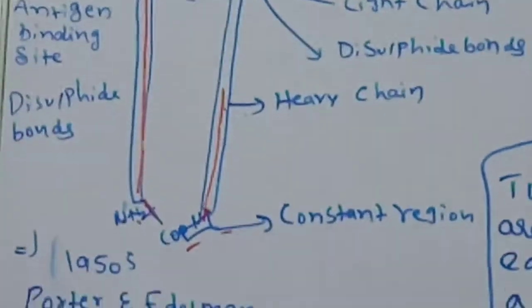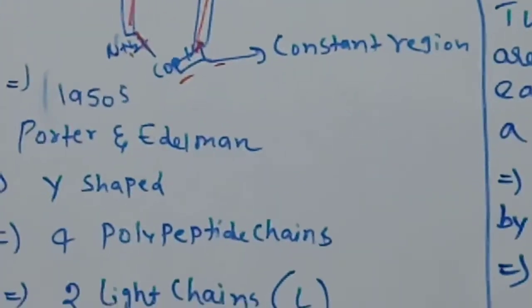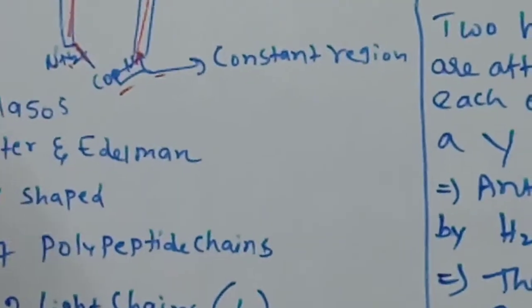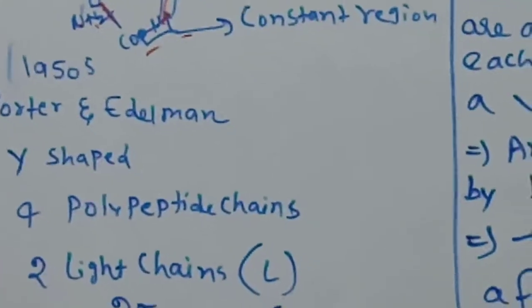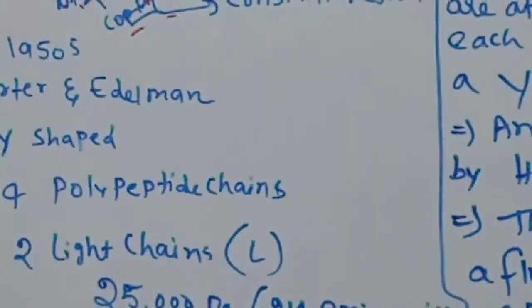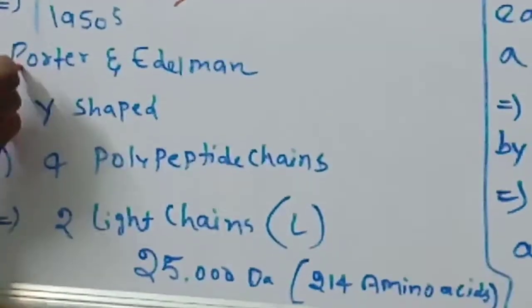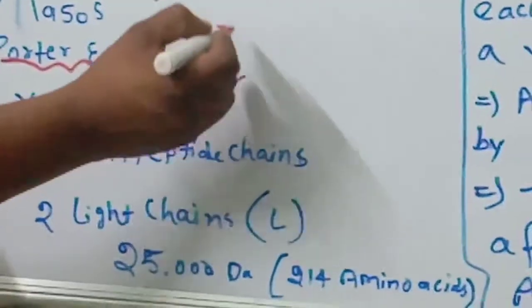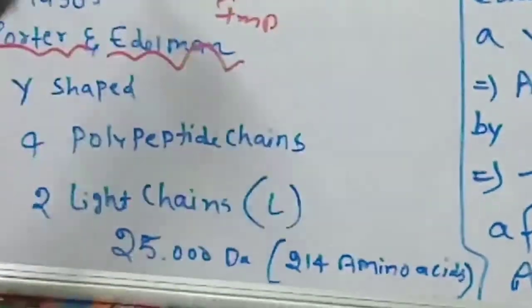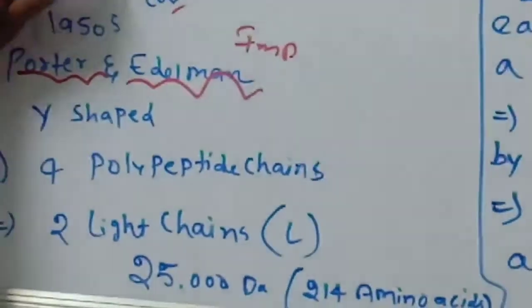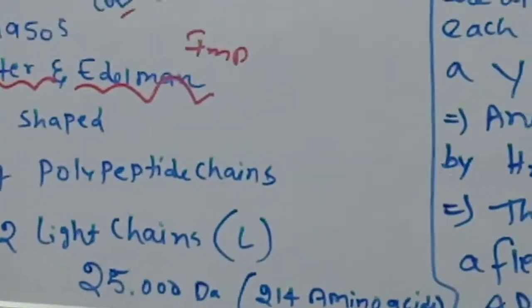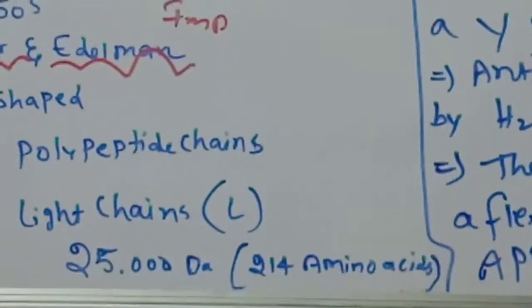Protein structure. So who gave this structure, this information? That is important. In the 1950s, Porter and Edelman were the scientists who gave the basic structure of immunoglobulin or antibody.